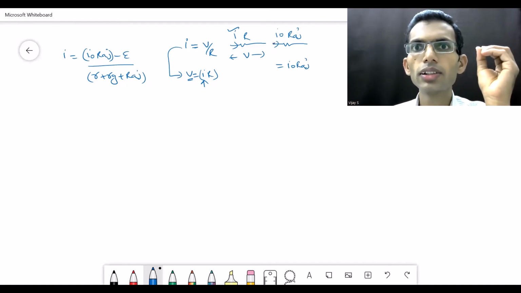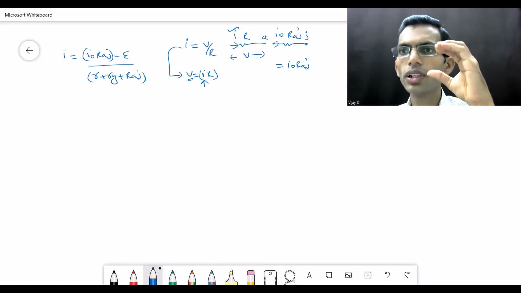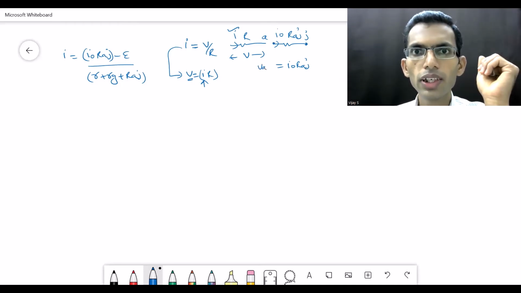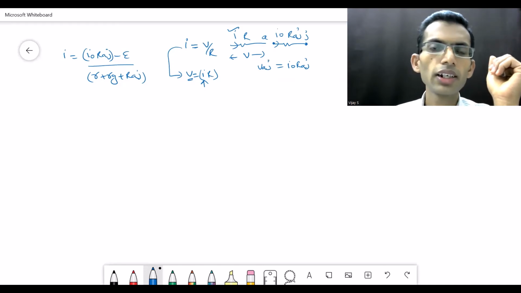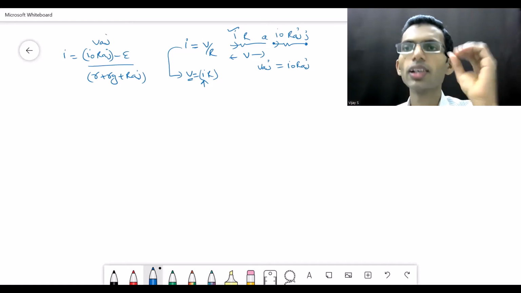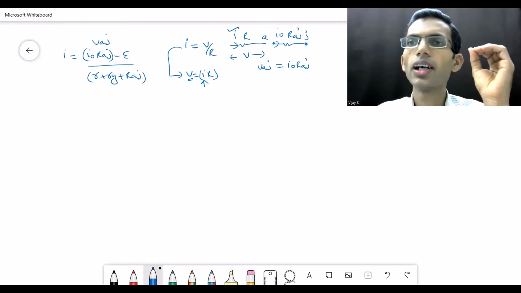But this resistance is present between junction A and moving contact position J, so the potential difference across it is also between A and J. So this is going to be VAJ. So I naught RAJ represents VAJ, the potential difference across the junction and moving contact position J.